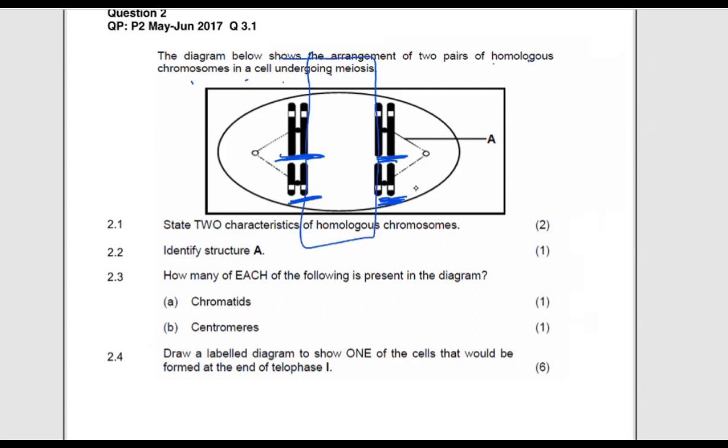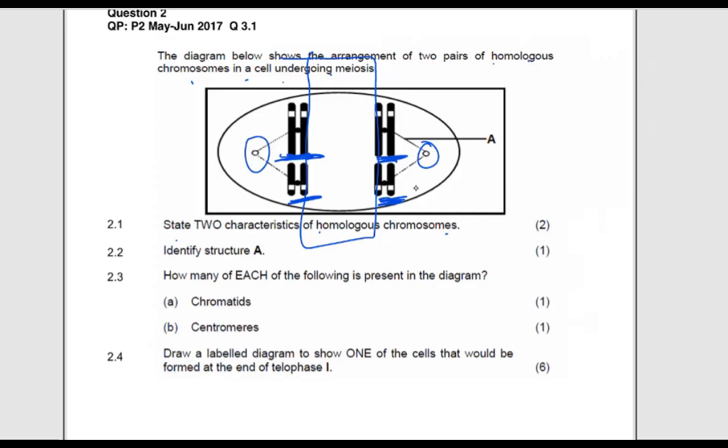Anaphase, because there is a space in between. Centrioles are on that side. So it's anaphase, but because they are homologous chromosomes, it's going to be anaphase 1, because we only find this in meiosis 1. So it's anaphase 1.